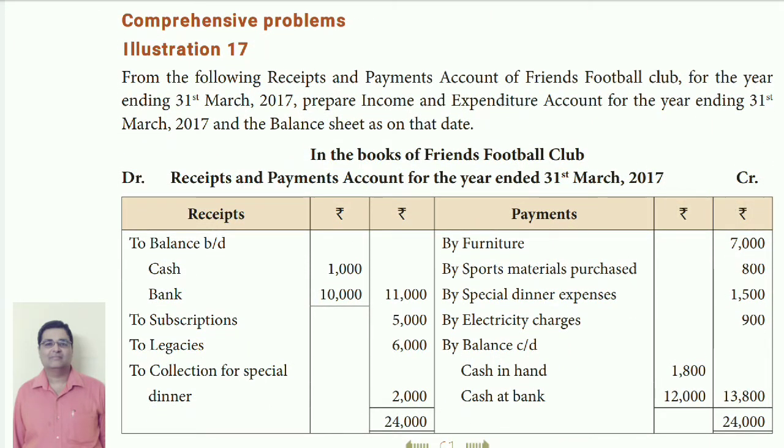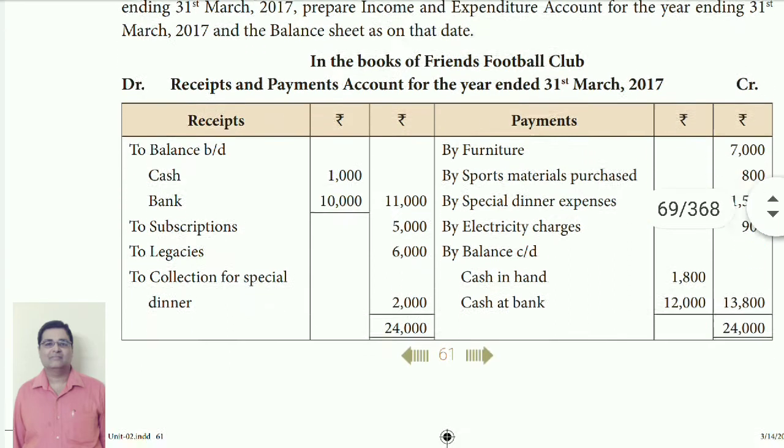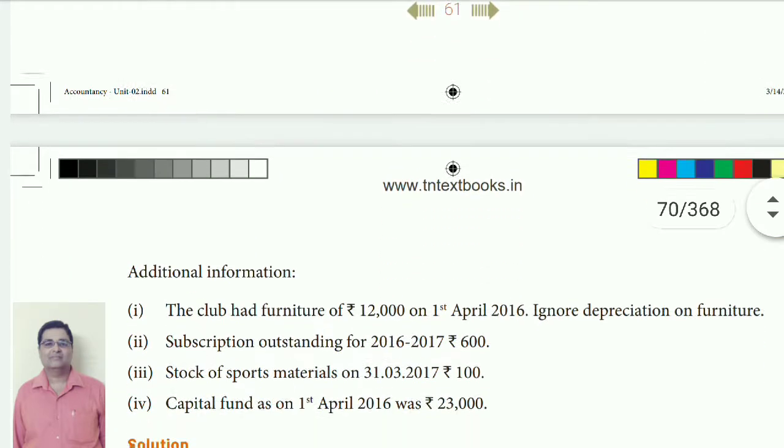Now see, this question is a comprehensive problem, page number 61 of your textbook, illustration 17. Before we start the sum, we always have to start from the adjustment. Why? Because an adjustment will appear in two places and all the other items will appear in a single place. Now see the adjustment.